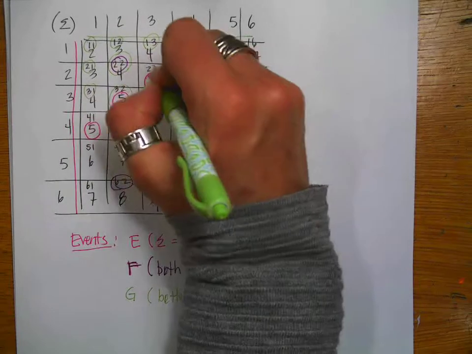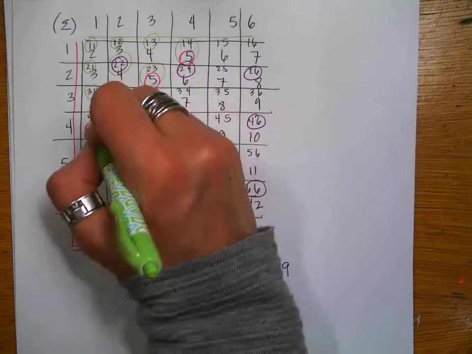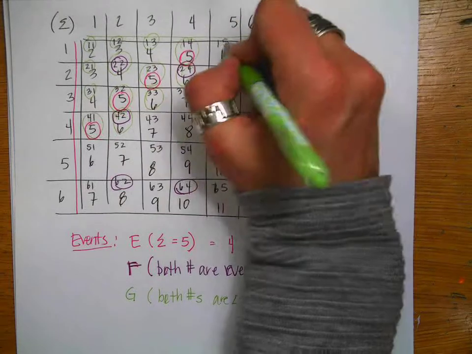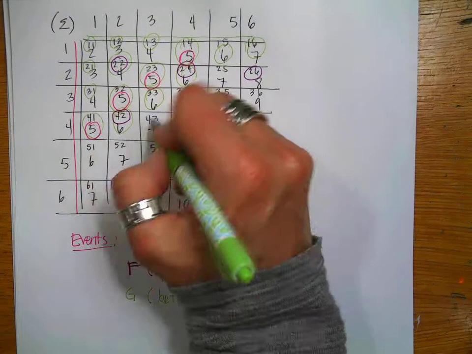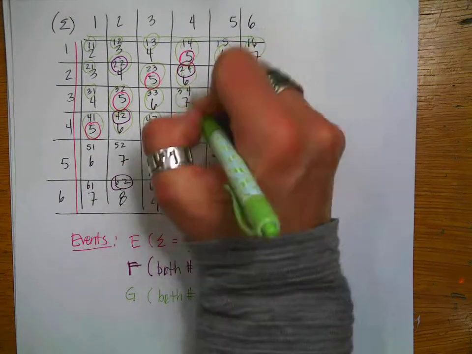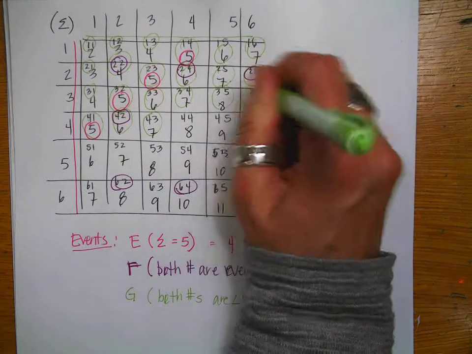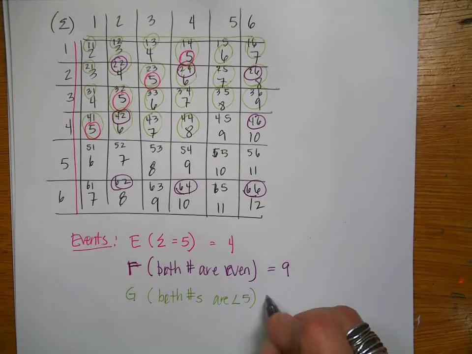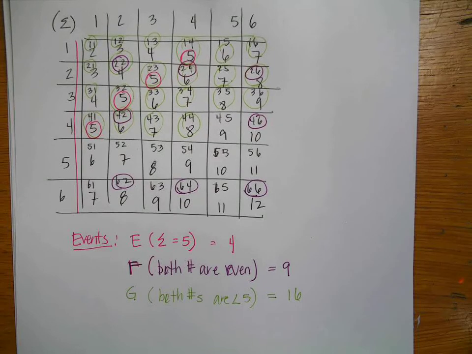Okay, so there's an overlap, there's an overlap, overlap, and then these guys, and then both numbers are less than 5. There's one, there's one, there's one. Ooh, my green pen is dying. Sad day. Okay, I think that's all of both numbers are less than 5. And if you count all of the green ones, there are going to be 16 of those.